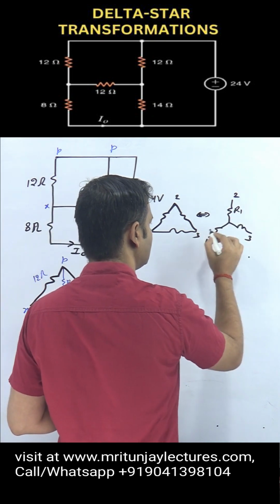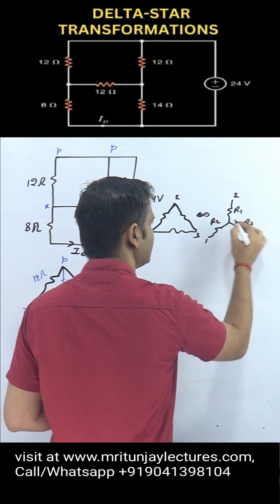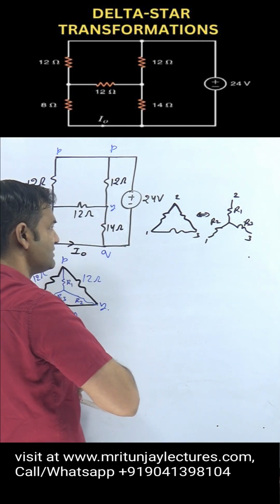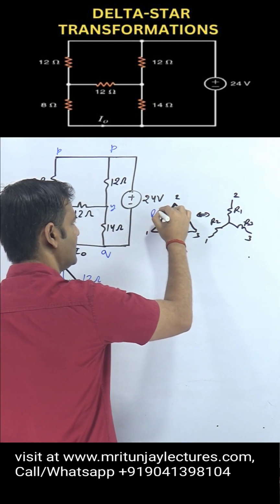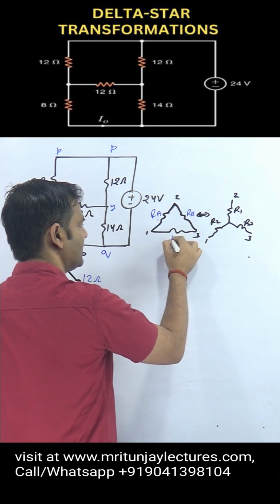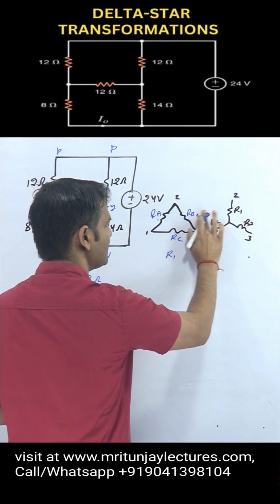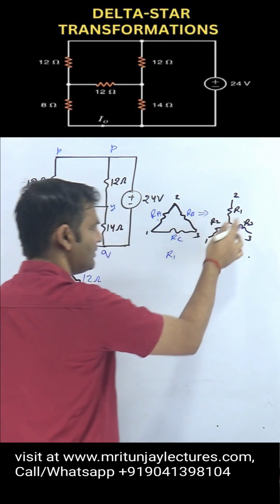Here R1, here R2, here R3, and the delta resistances are RA, here RB, here RC. What about R1? R1 is our delta converted into star.